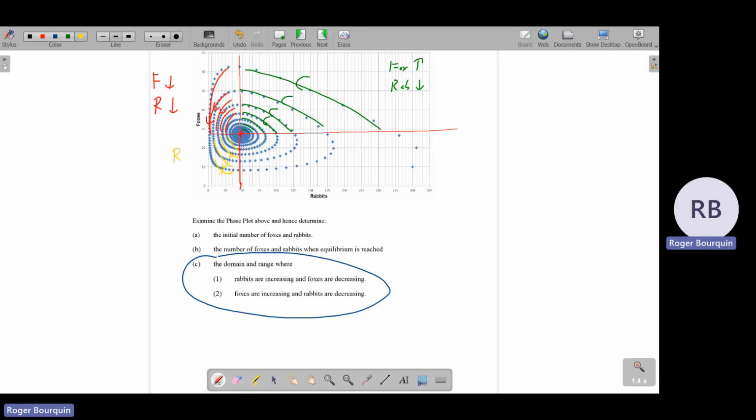Rabbits are starting to increase, but foxes are still decreasing, right? And in this last region over here, black, both are increasing. Foxes are increasing and rabbits are increasing. Yes?